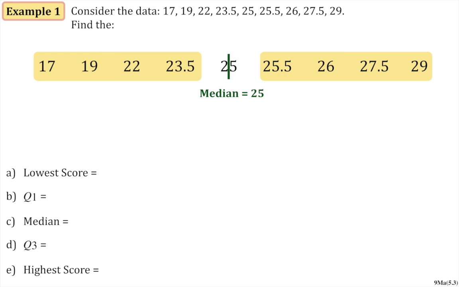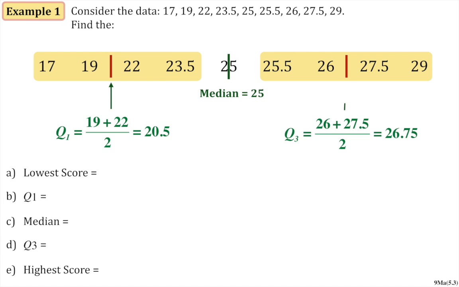When I go to the left, I've got to find the middle of that left group. 19 and 22 divided by 2 adds up to 20.5, so halfway between 19 and 22 is 20.5. If I go over to the right, halfway between 26 and 27.5, add them together, divide by 2, it's 26.75. So that's my value of Q1, and that's my value of Q3.